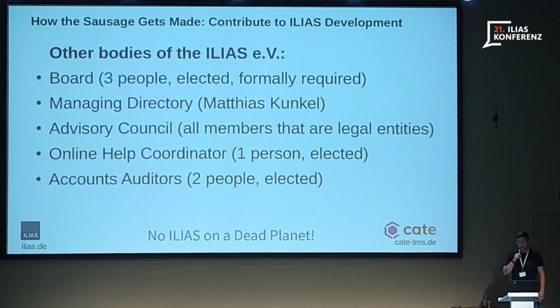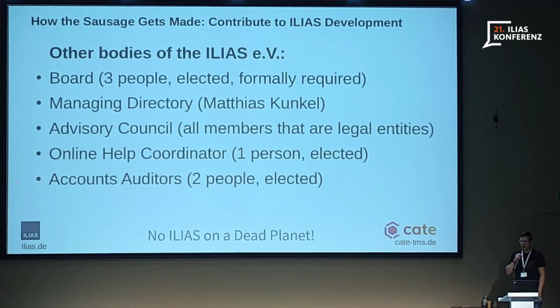We have a board, 3 people elected to be the president, a co-president, and what's Schatzmeister in English? A treasurer, right, treasurer. And these 3 people are just formally required from German law, and of course we elect them every 2 years.